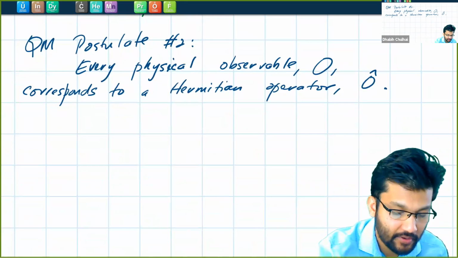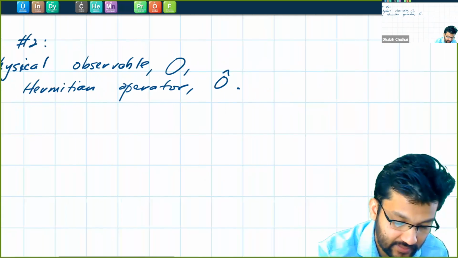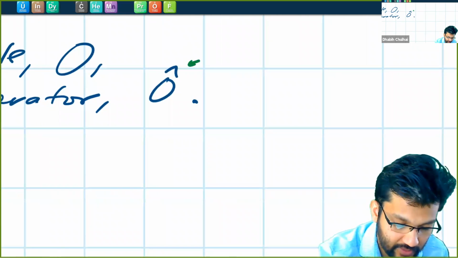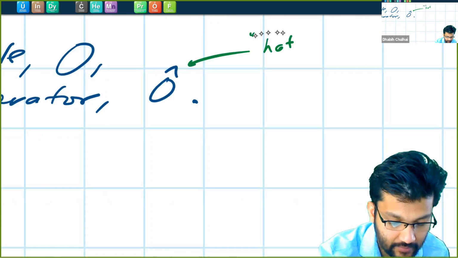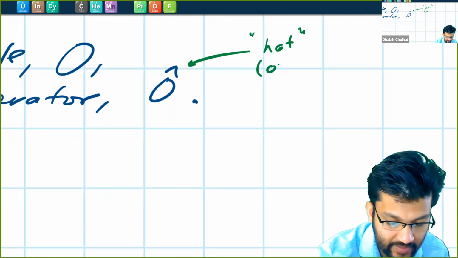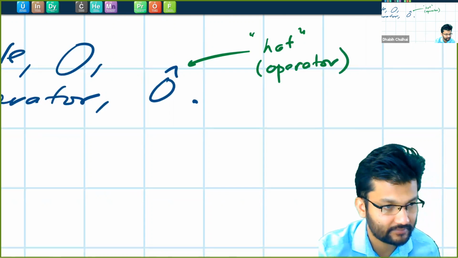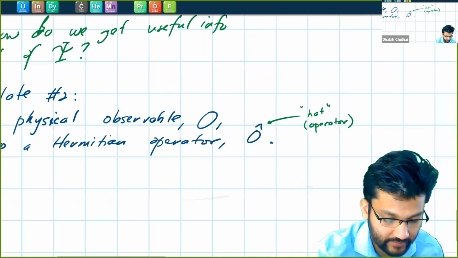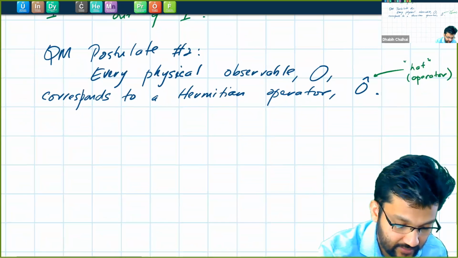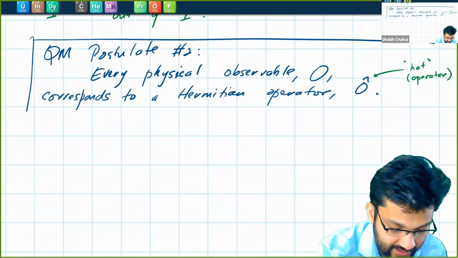Right? So anytime you see this little thing above it, we'll call that a hat. And it means that we're looking at an operator. Right? So this is our second postulate.